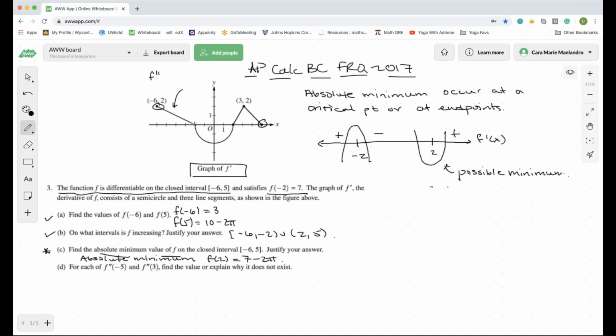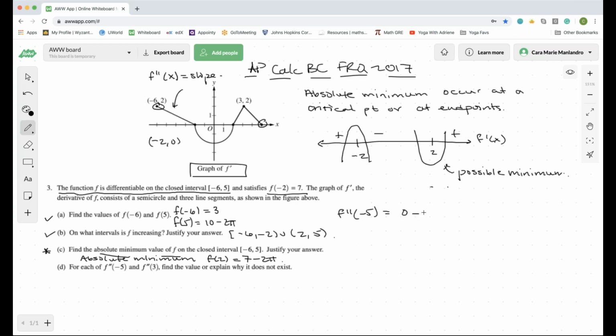At least we know here that this is a continuous line. All right, so we can find the slope for that one. F double prime of -5. I'm going to go ahead and use the points -2, 0, and then -6, 2. Let me finish this one, and then we'll get to 3.